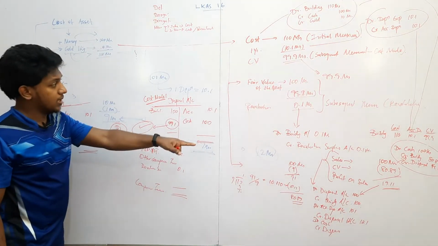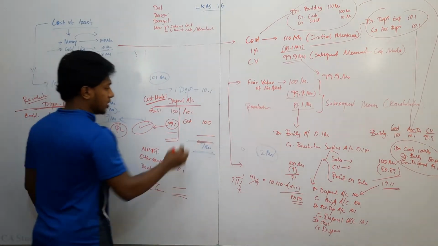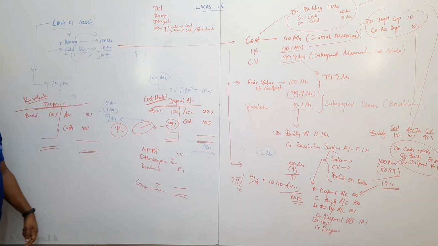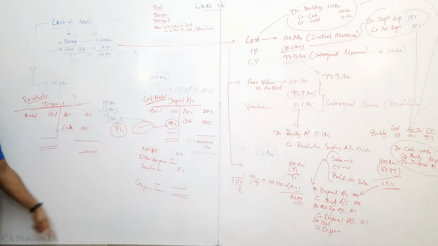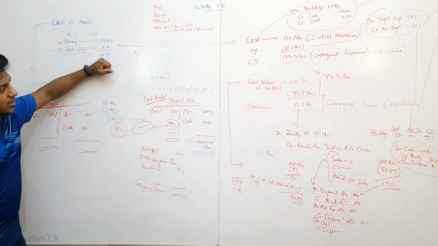So second year end accumulated depreciation is, if cost model used, 20.2, right? So I took first year, but I took a second year and explained, but I calculated on first year.